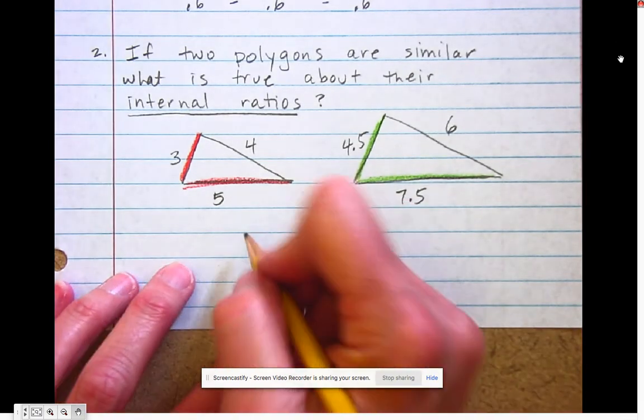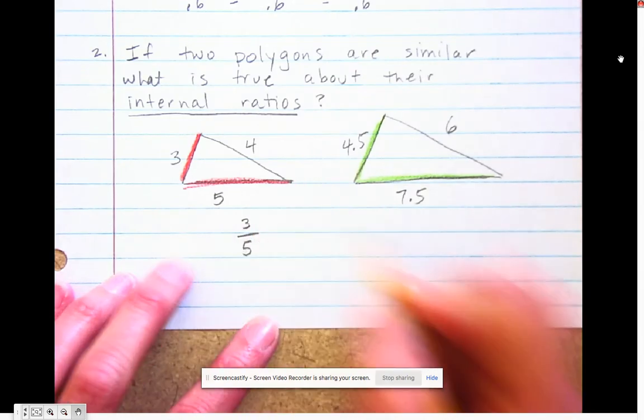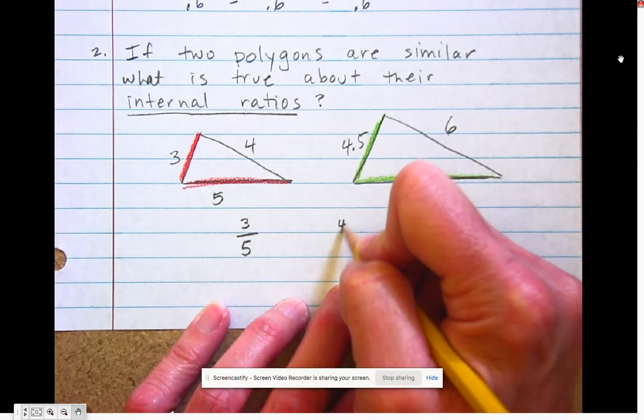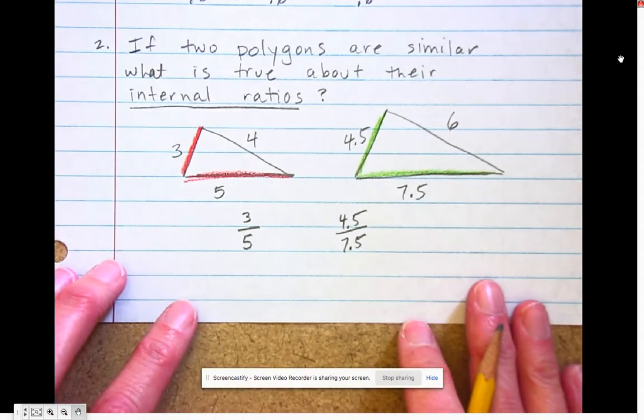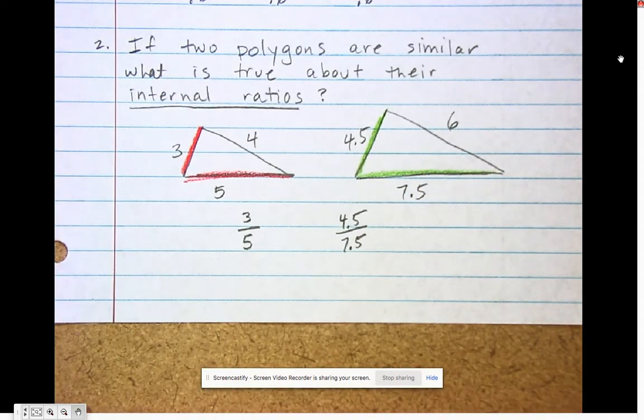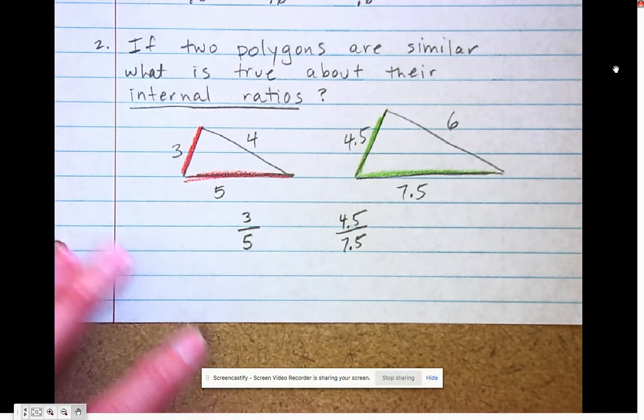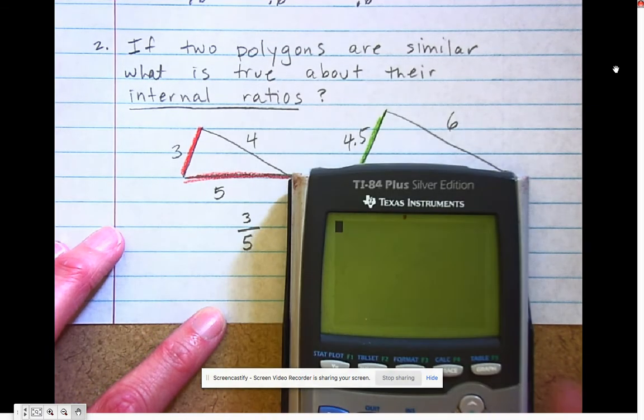Okay, so let's look at the ratio of 3 to 5. Is that the same as the ratio of 4.5 to 7.5? Okay, and again, a quick way to check to see if those things are the same is just to do it in decimal form. So we could either scale them up and scale them down to show that they're the same, but a quick check is just go decimal form.